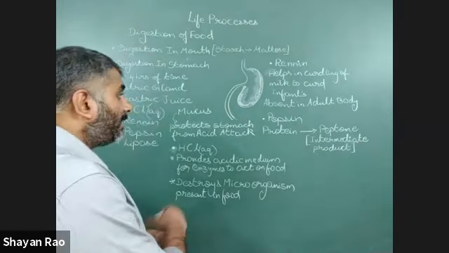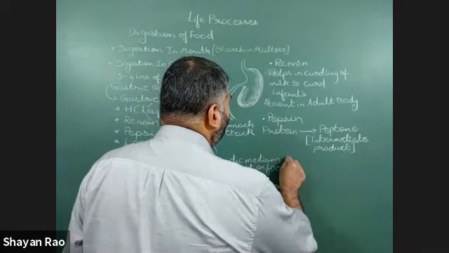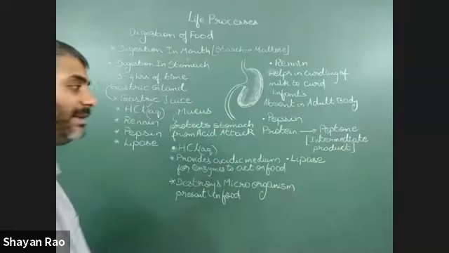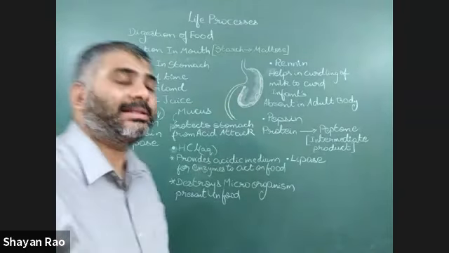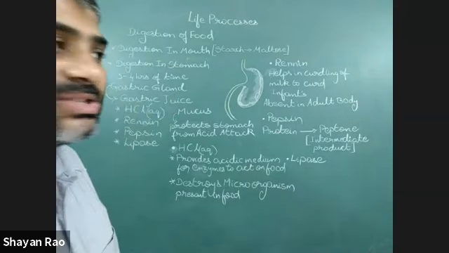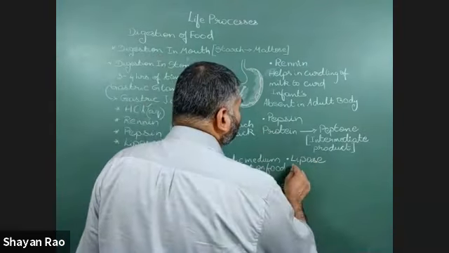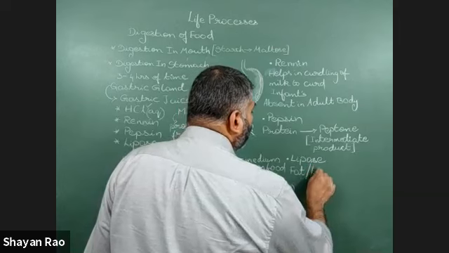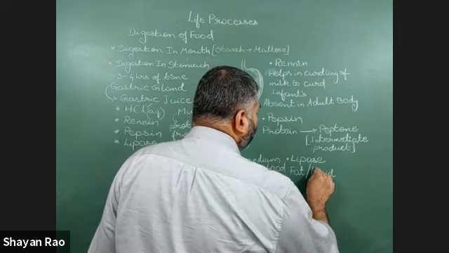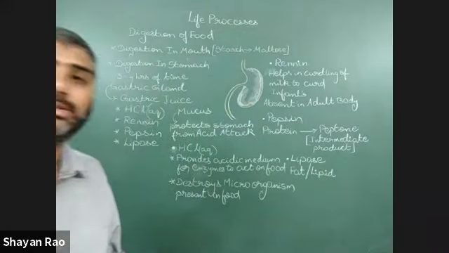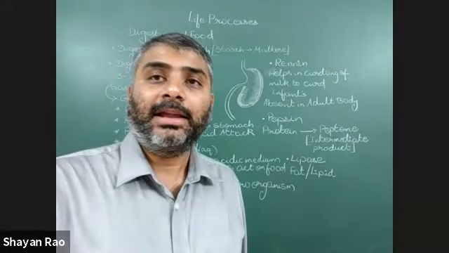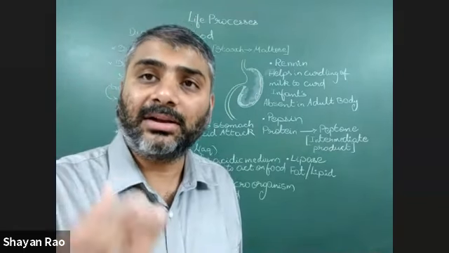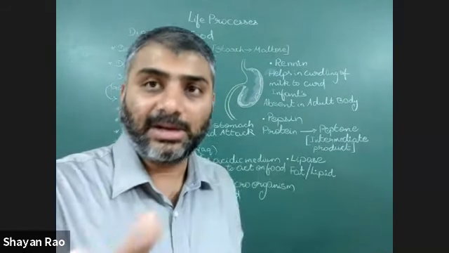Then the next one is gastric lipase. Lipase is the enzyme which is going to act on fat or lipid. Every single day we consume fat or lipid in the form of coconut oil, groundnut oil, sunflower oil, which are all considered lipids.